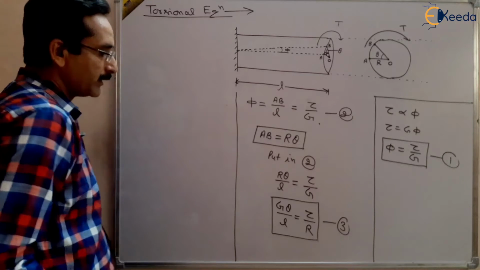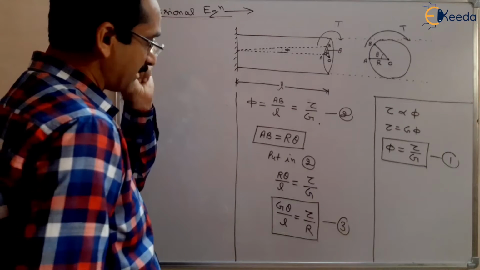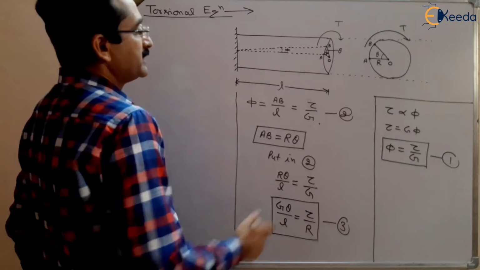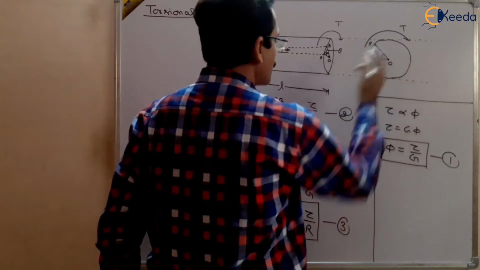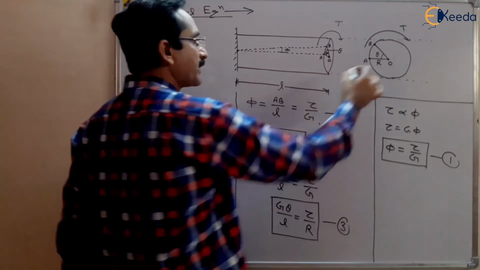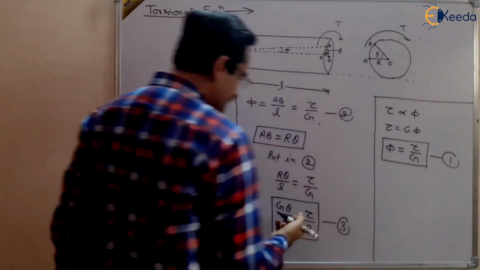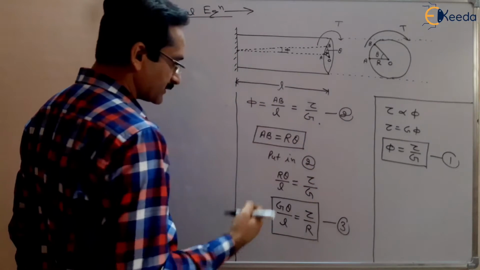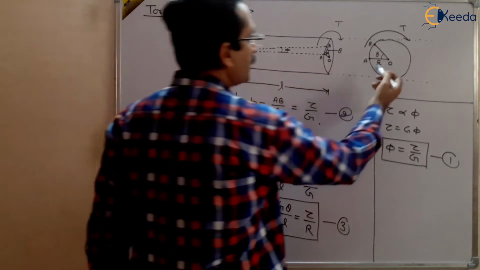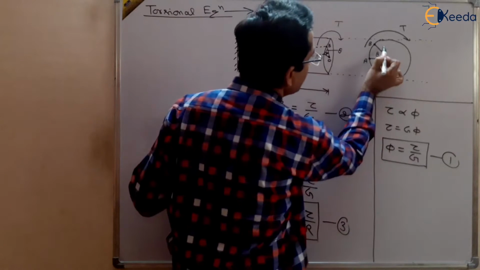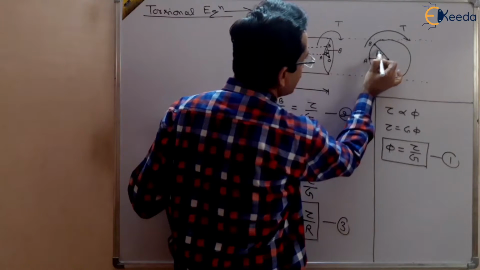Now, in continuation, you should see that this theta is common for any radius. We have taken only the outer radius here, but this theta is common to any radius. Suppose I take an intermediate radius here.